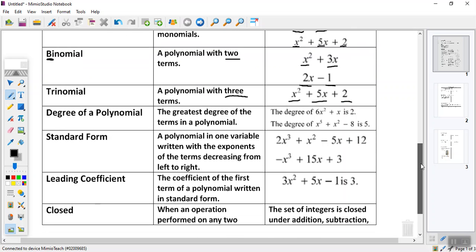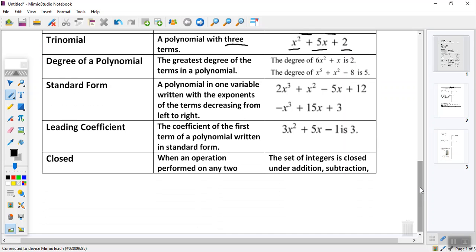Let's talk degrees of polynomials then. The degree of a polynomial is a little different. It's the, underline this word, greatest degree of the polynomial. So in this case right here, I have 6x squared plus x. What's the degree of this term? What's the exponent up here? 2.